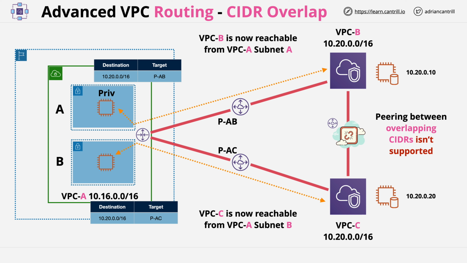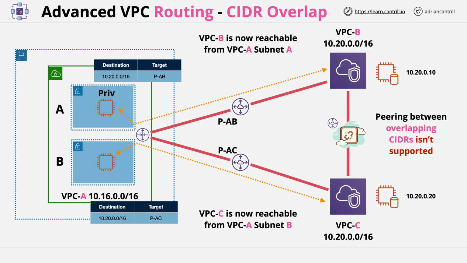So this means that if the top instance in VPC-A attempts to access 10.20.0.10, it will go via the AB peer and access VPC-B. If the bottom instance attempts to access 10.20.0.20, it will go via the AC peer and access VPC-C.